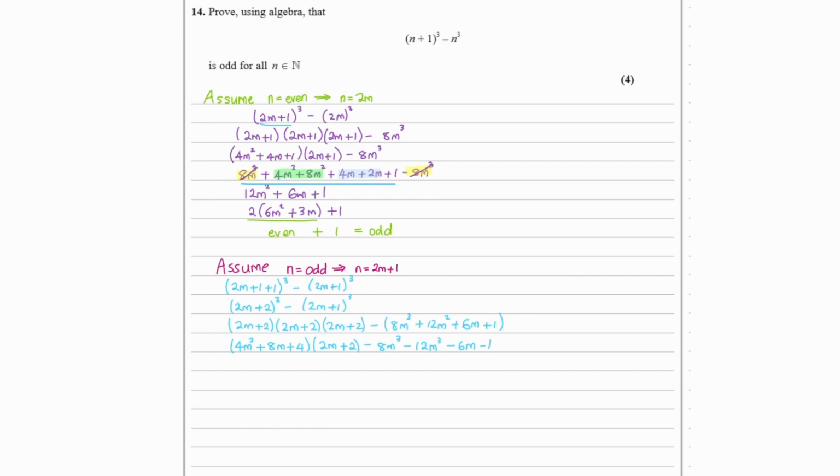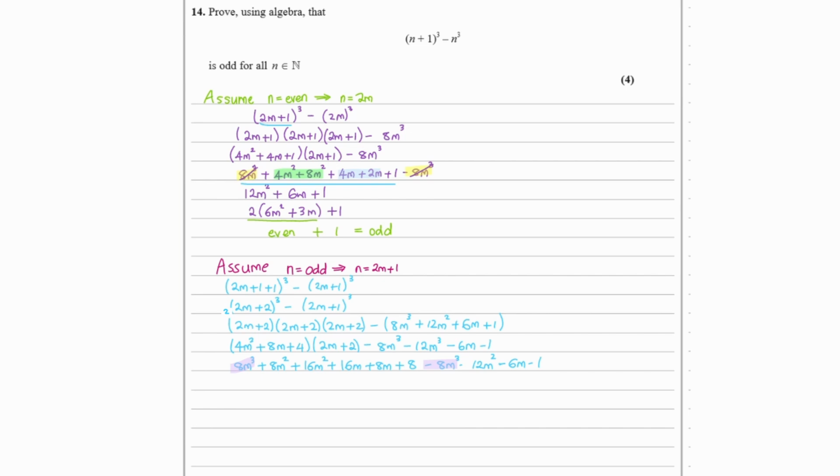We can then expand these two brackets once again to give us 8m³ + 8m² + 16m² + 16m + 8m + 8. And we've still got the −8m³ − 12m² − 6m − 1. We've then got the 8m³ and the minus 8m³, which would cancel out.